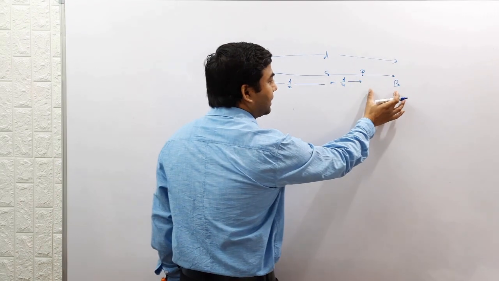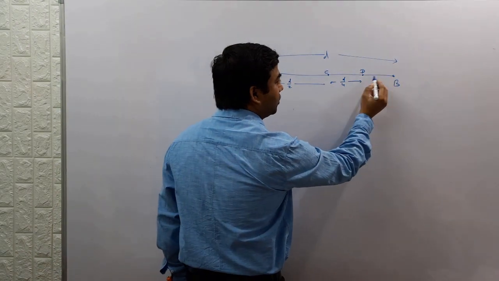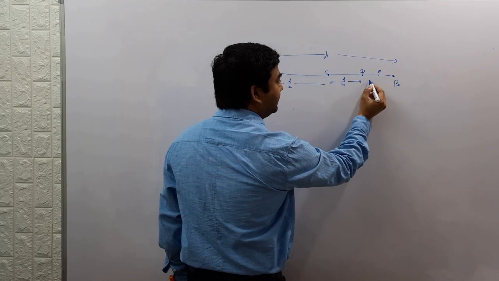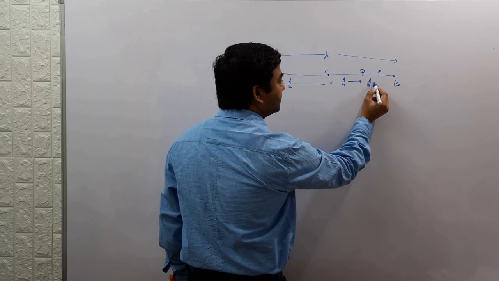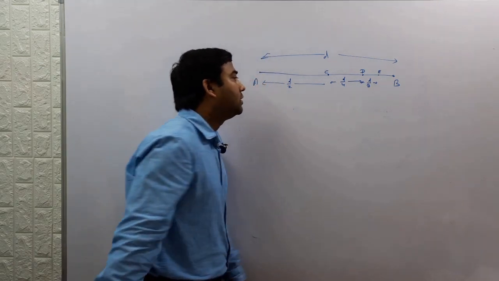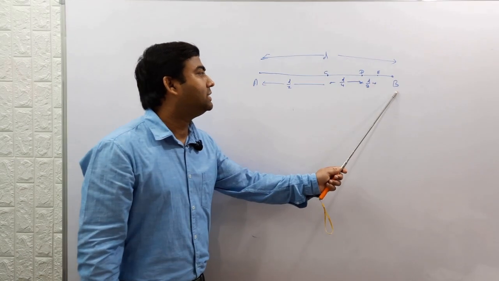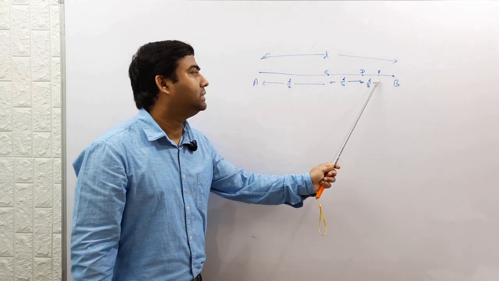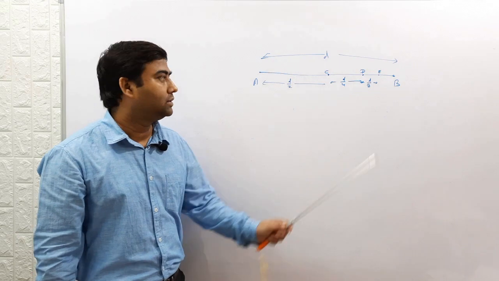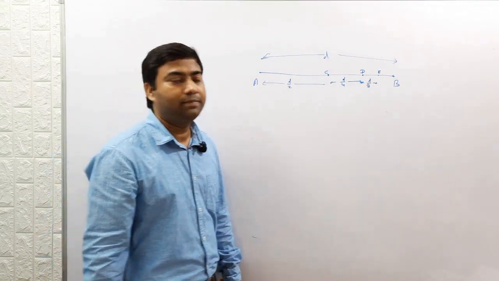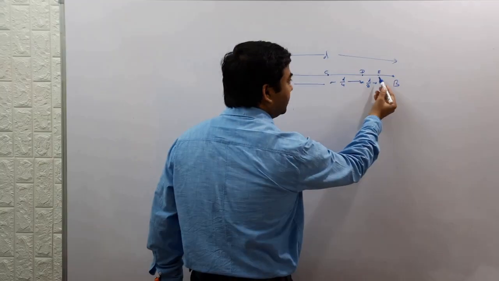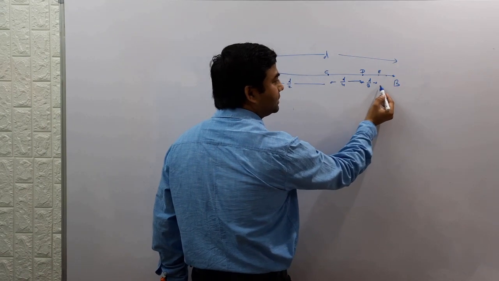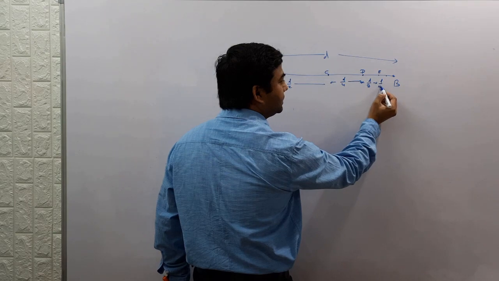Then he has to cover half of the remaining distance; let that be point E. Half distance is D by 8. To reach E, he has to cover D by 8 first. Then he will reach B. Again, to reach from E to B, he has to cover half of the remaining distance, that is D by 16.